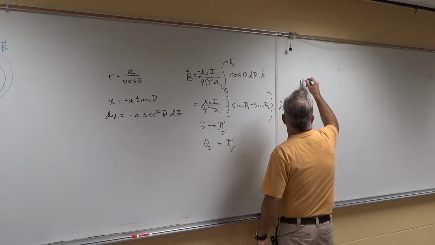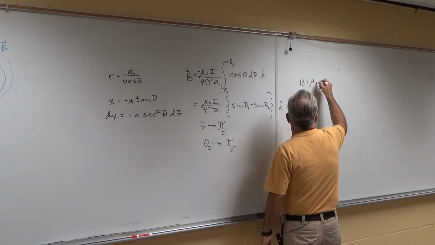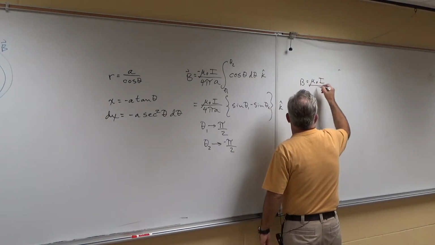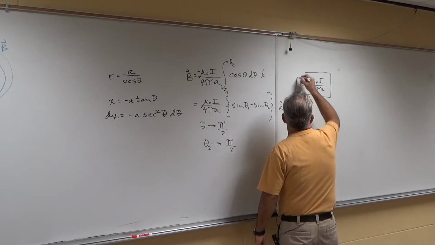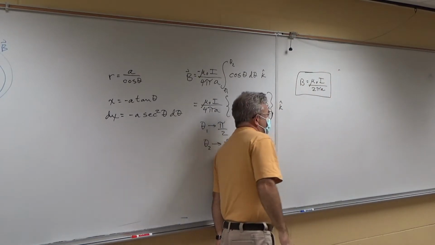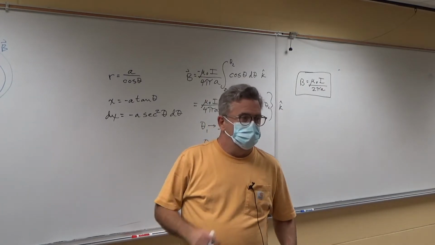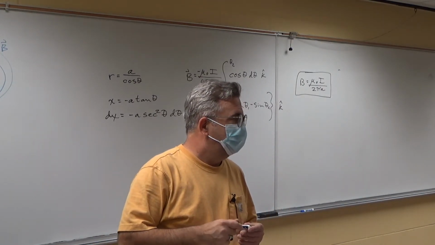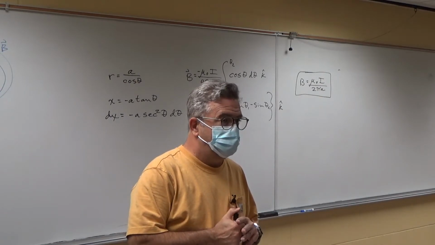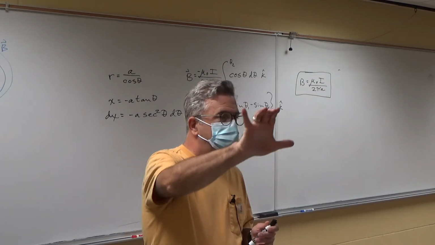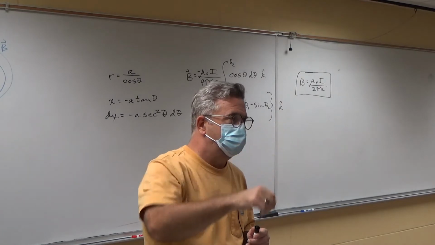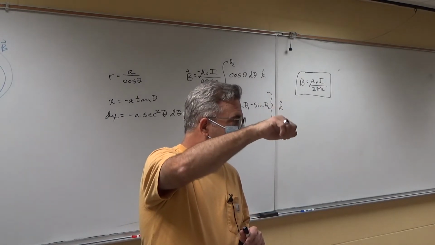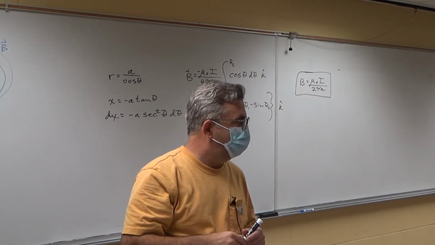And you get B is equal to mu naught I over 2 pi a. And that's it. That's the magnitude of the field due to a long, straight, current-carrying wire. You can figure out the field line's direction. You put your thumb in the direction of current, and your fingers give you the direction of the magnetic field.